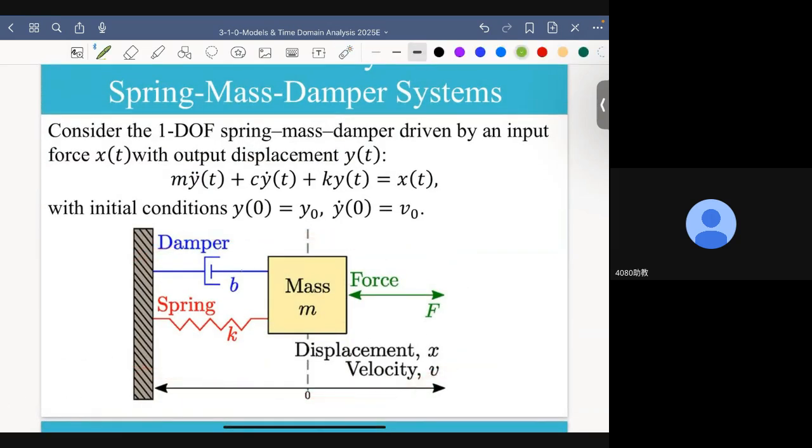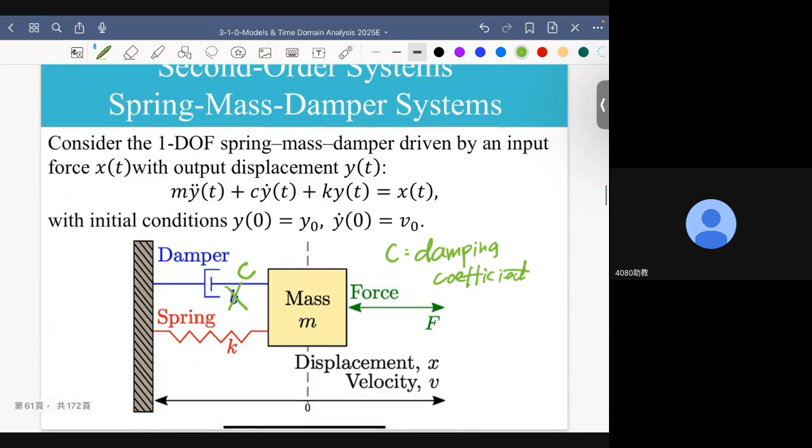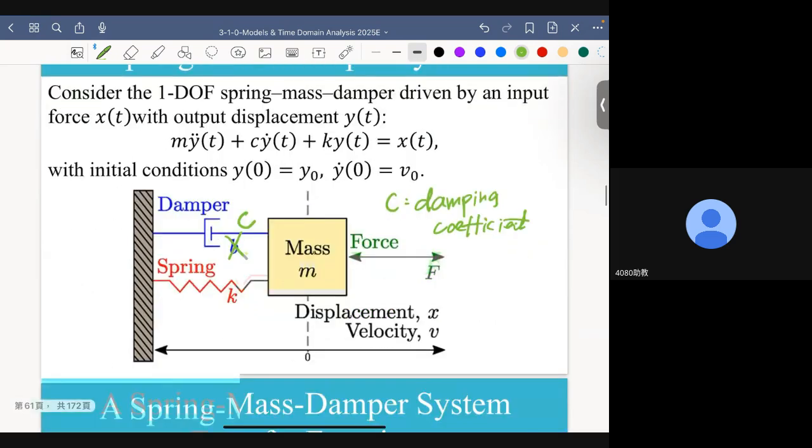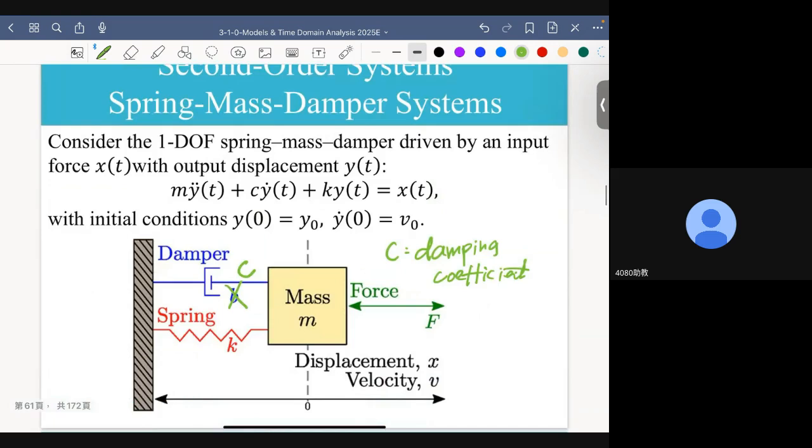Let's replace this B by C, and C here is what we call the damping coefficient. And K is, of course, the spring constant. We have shown you that the equation of motion for this spring mass damper system is this second order differential equation.